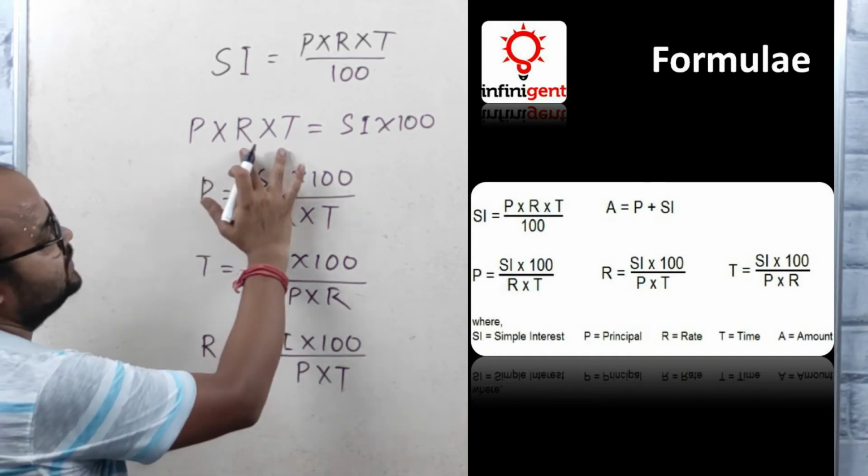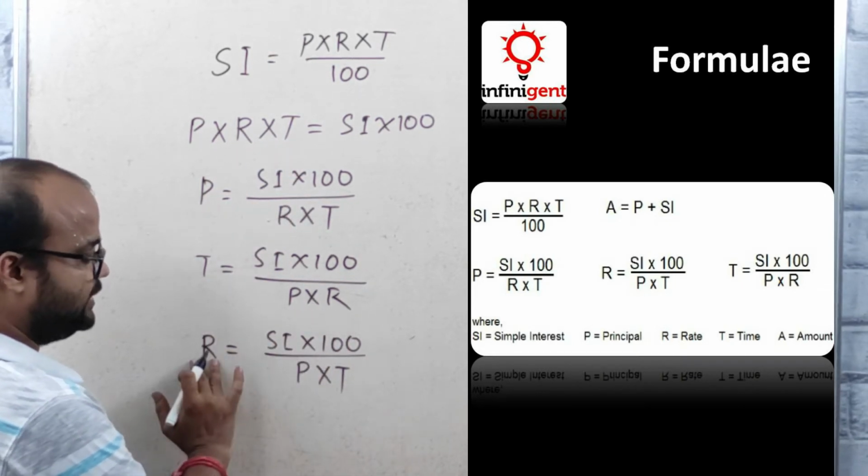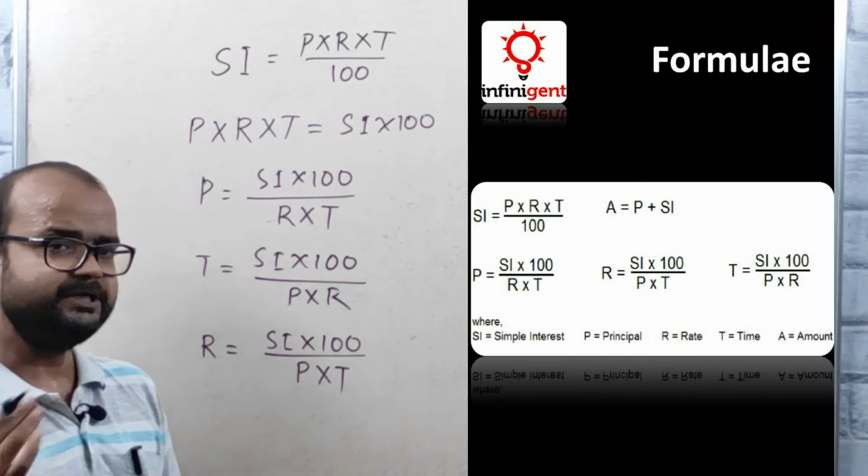In case of P, the denominator will be R and T. In case of T, P and R. In case of R, the denominator will be P into T.